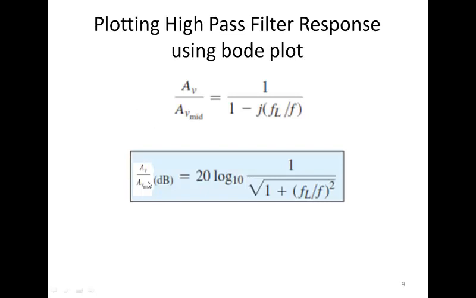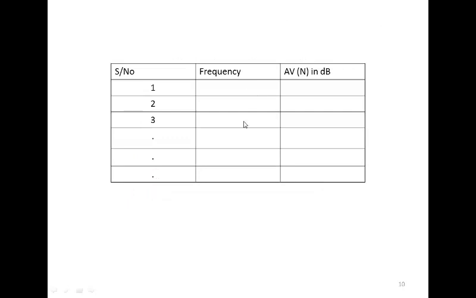So if you want to plot the response of the gain versus frequency, you can start plugging in the values of frequency and compute the corresponding gain of the amplifier. You can construct a table for that, and for each frequency you compute the corresponding value of gain, and then plot the response.